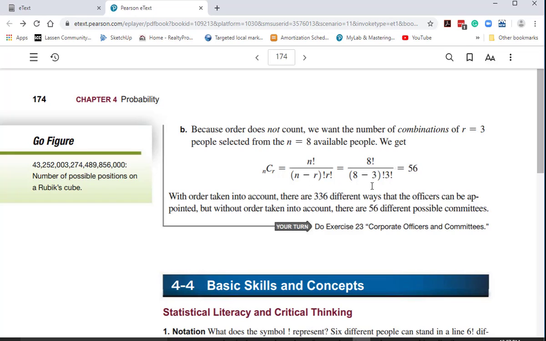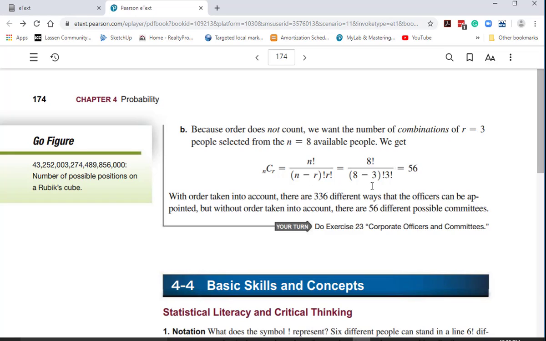However many you want to pick. Okay, so we got 3, and divided by 3 factorial, right? And what does this top guy mean? This guy. Yeah, but how do I write it? How do you write 6 factorial out? 6 times 5 times 4 times 3 times 2 times 1. And what's 6 minus 3? This is factorial. 6 minus 3. Yeah, 3. And what's 3 factorial? 3, 2, 1.